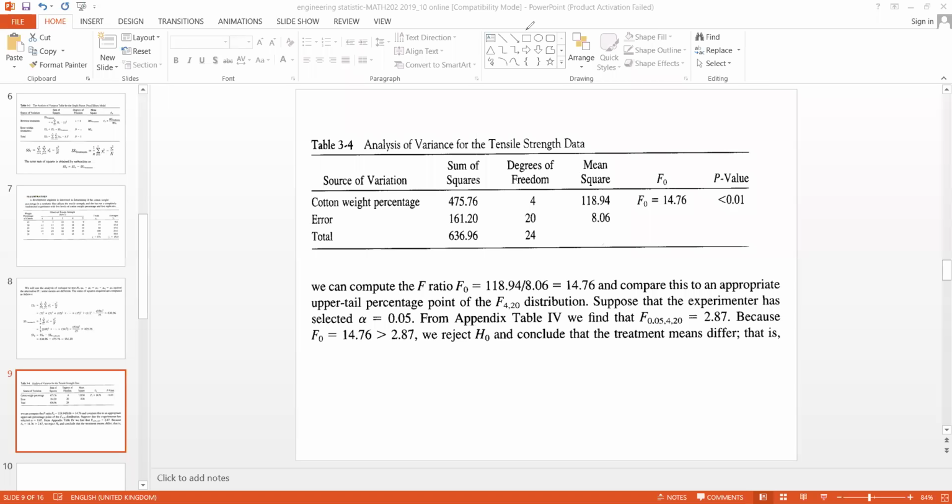Any question? Sir, I have a question on the p-value. Is it in all cases less than 0.01? The p-value, no. This 0.01 you are seeing is your alpha value.